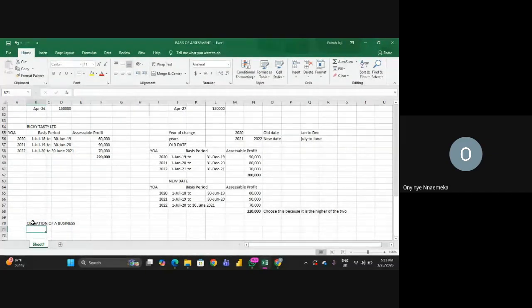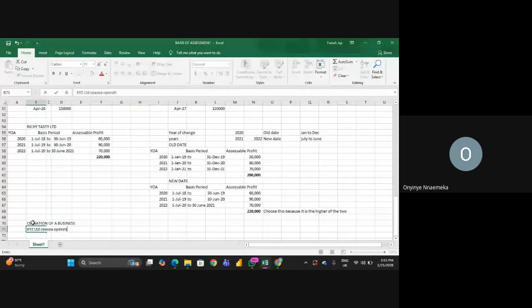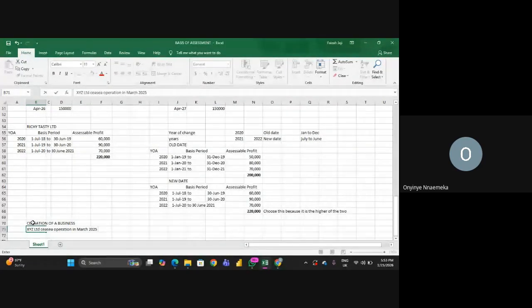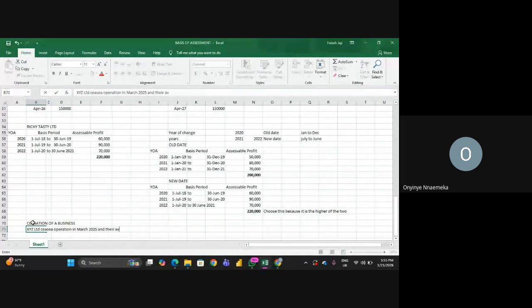Let's say XYZ Limited ceases operation in, let's say, March 2025. And their accounting year end is December every year.